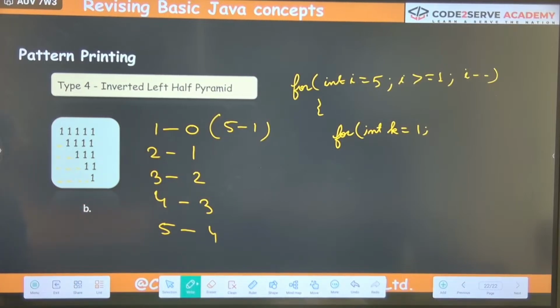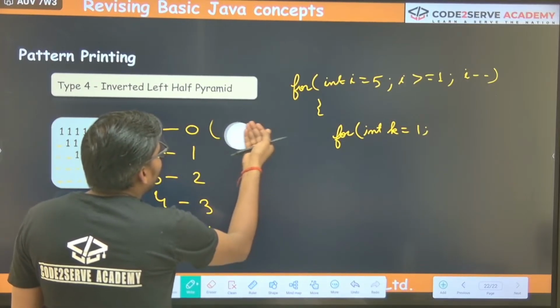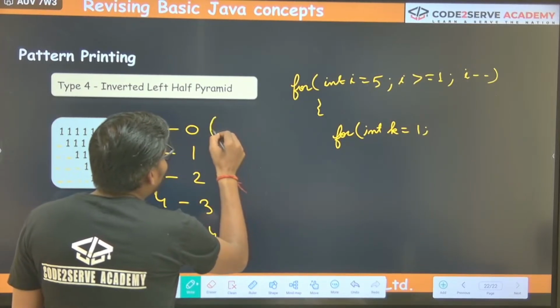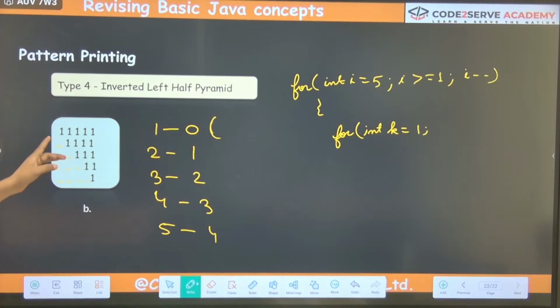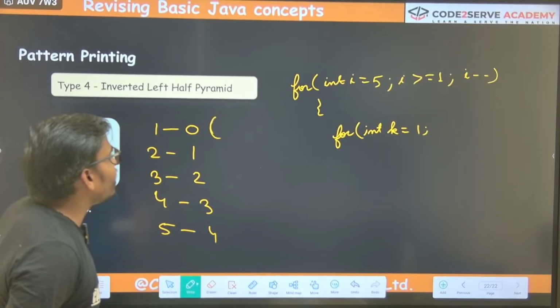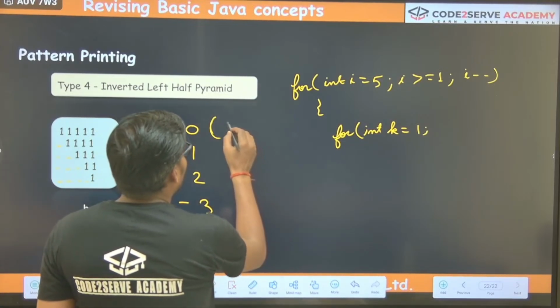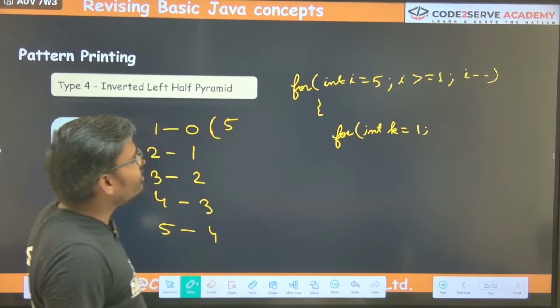So what can be the logic? You have to think of this logic. Let us have a look over here. For the row number i that has value 5, you need 0 white spaces. Yes, that is absolutely correct.